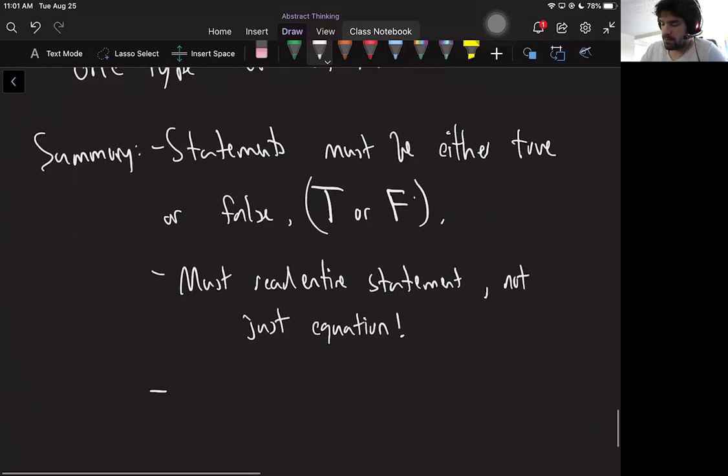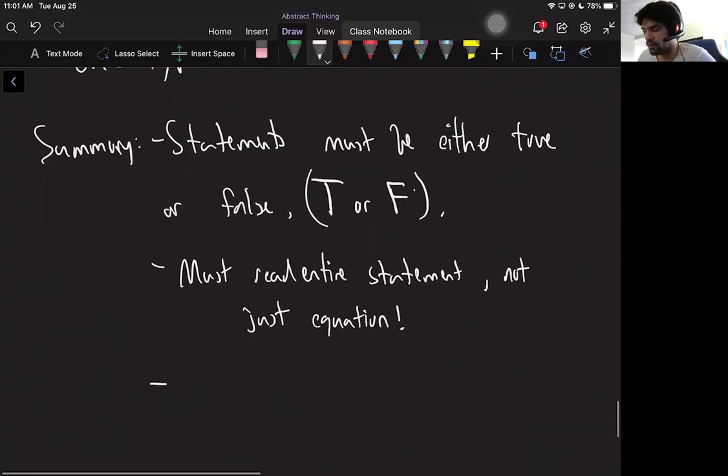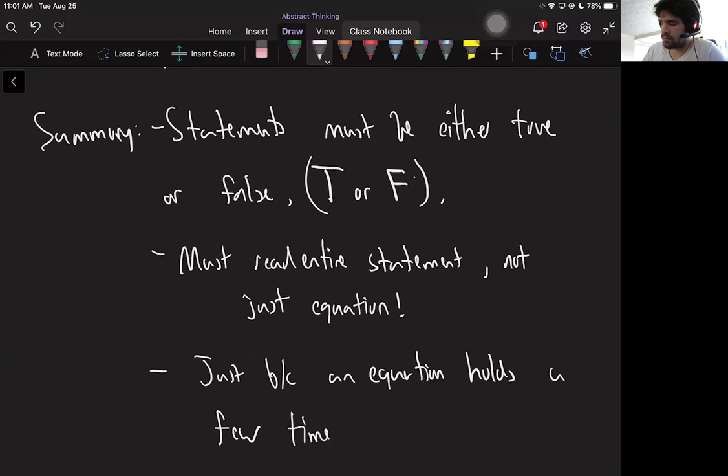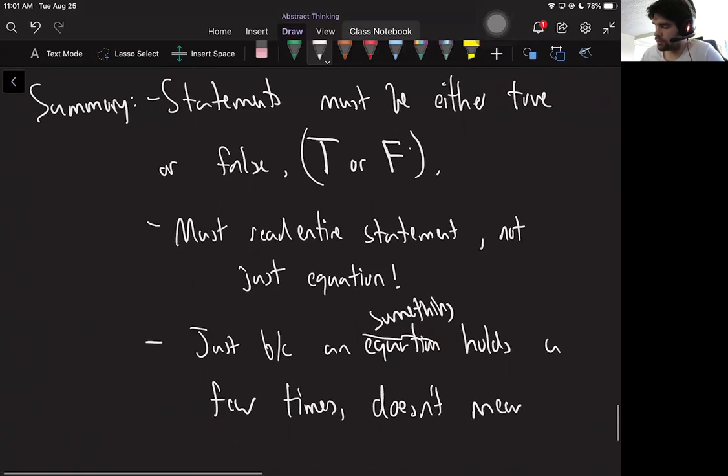And just because an equation holds a few times, or it doesn't have to be an equation, but something, doesn't mean it always holds.